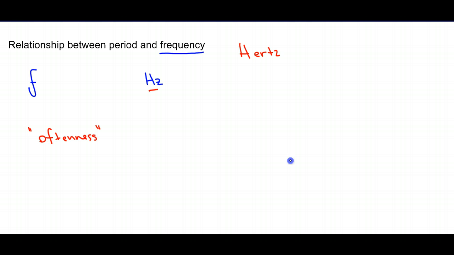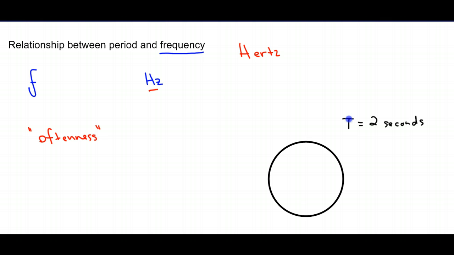And so if we can imagine our object going around a circle, and let's say it takes 2 seconds for it to go around the circle, that means that our period is 2 seconds.